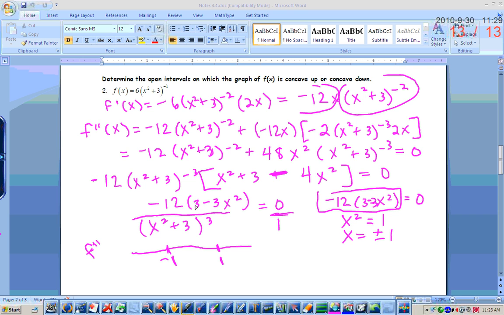So I could just look at this top part right here. So if I plug in, say, a negative 2, I am going to get a negative times a negative, which is positive. If I plug in a 0, I'm going to get negative 12 times 3, which is negative. And if I plug in a 2, I'm going to get a negative times a negative, which is positive.